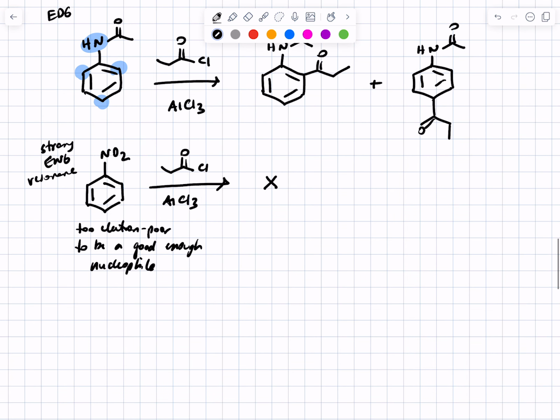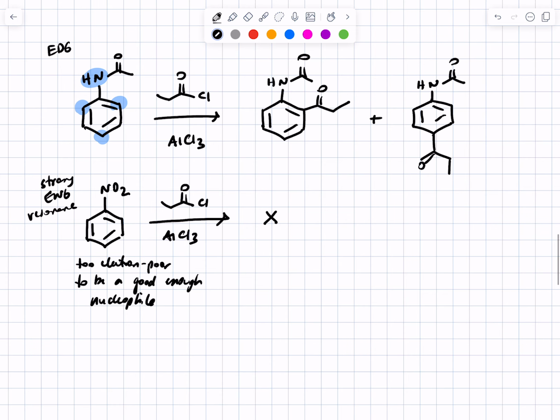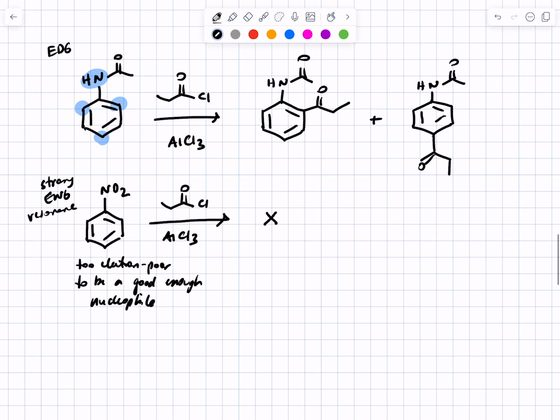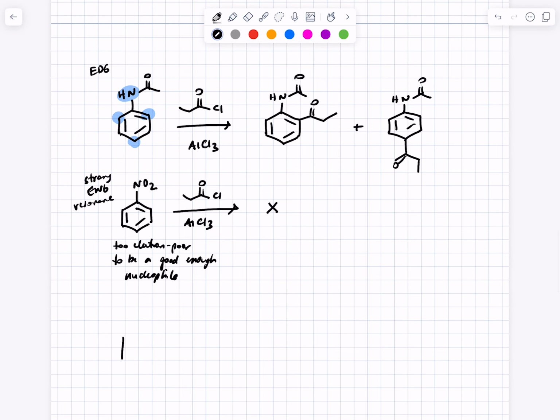Another problematic issue with the Friedel-Crafts reaction is, what if I wanted to use the aniline to do the same basic reaction? And the answer there is it doesn't work either. Not for the same reason, though.